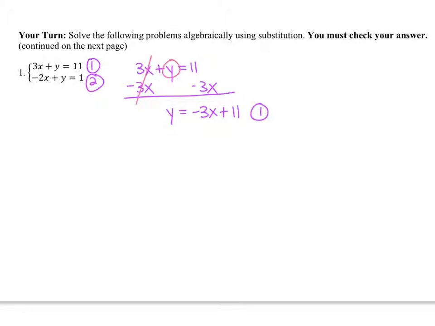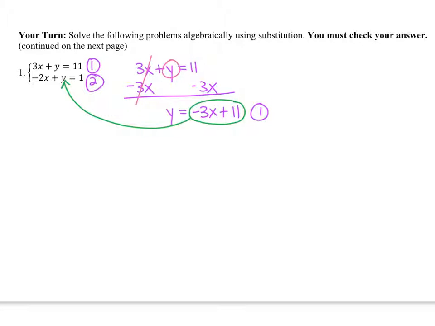I can see in equation number 2, I have a y here. Well, I also know that y is equal to negative 3x plus 11. So we're going to substitute this expression, negative 3x plus 11, in for y into the second equation, because that's what y is equal to. Anywhere I see a y, I can replace it with this expression, negative 3x plus 11.